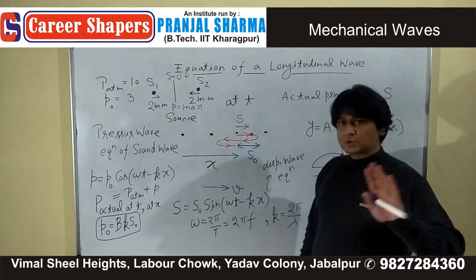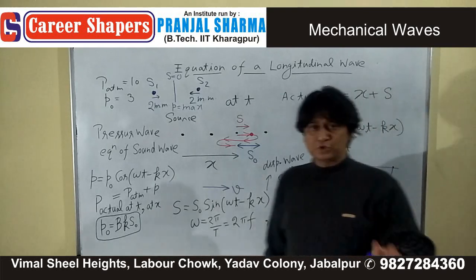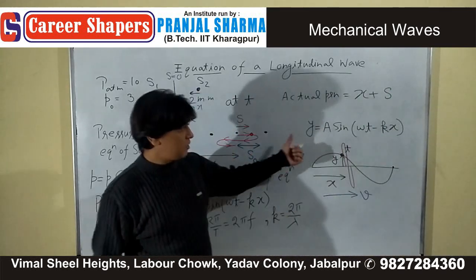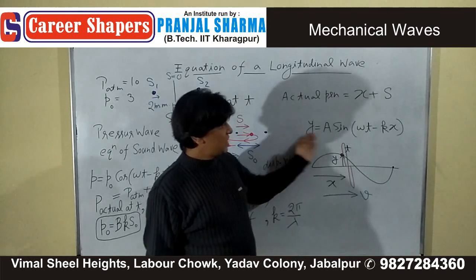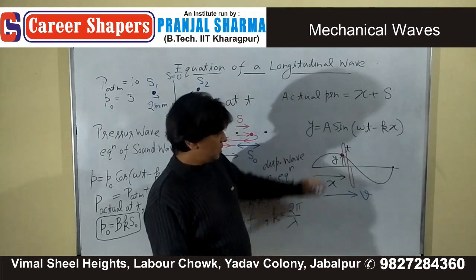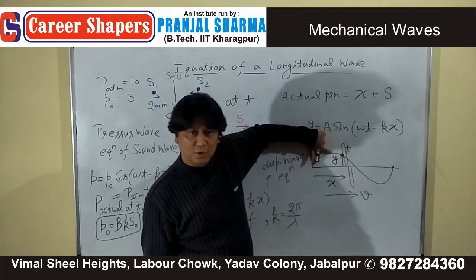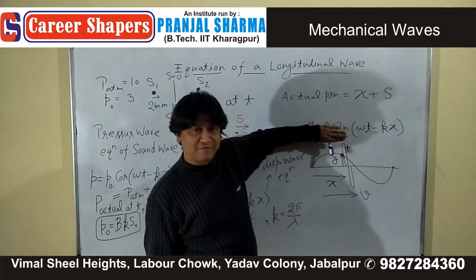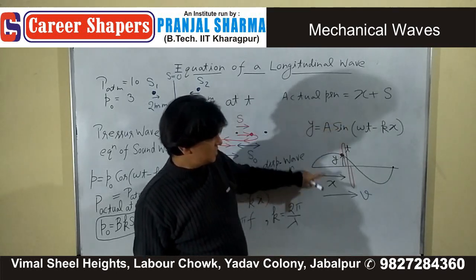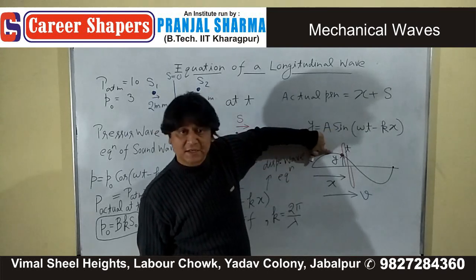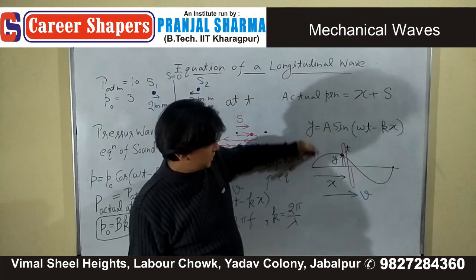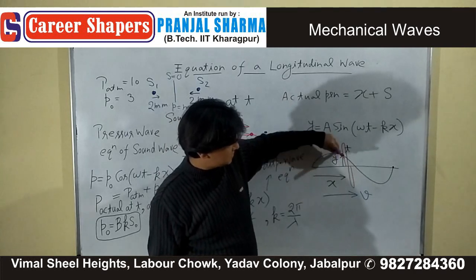Now, for school purposes, we are mostly interested in these forms. In the transverse wave equation, all the particles are oscillating. Remember, this peak is up to here only. Just to emphasize, I have drawn it like this, but this is the maximum amplitude. All these particles are oscillating like this, that's the maximum.